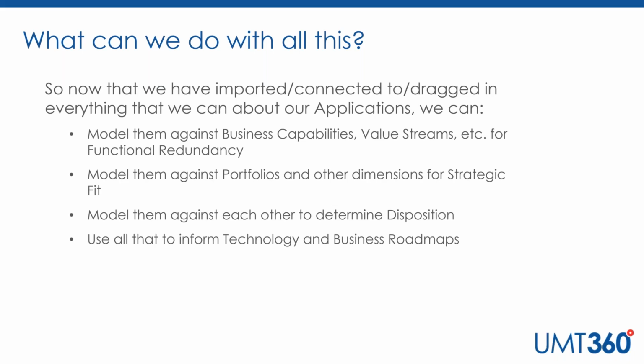We can create stubs of projects, we can create epics, we can create whatever your execution mechanism is, doesn't matter. We're just pushing through to there. This is the work that needs to be done to achieve this.